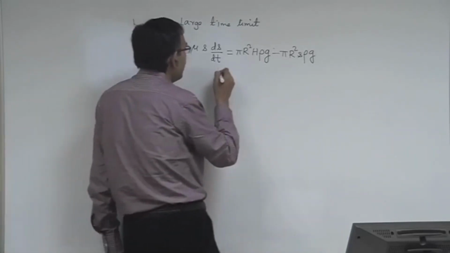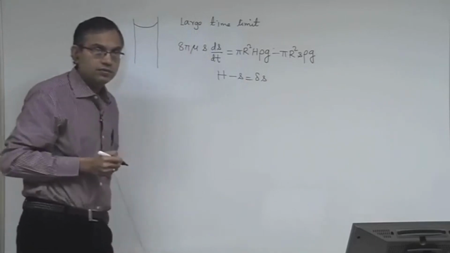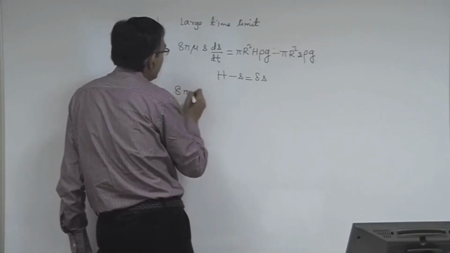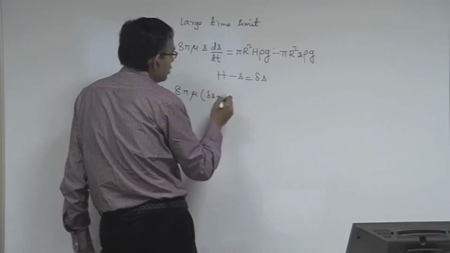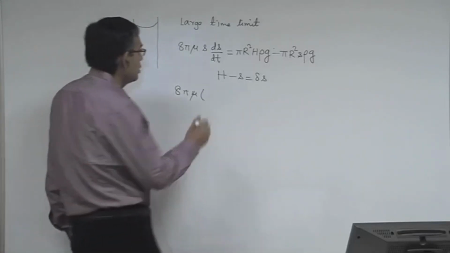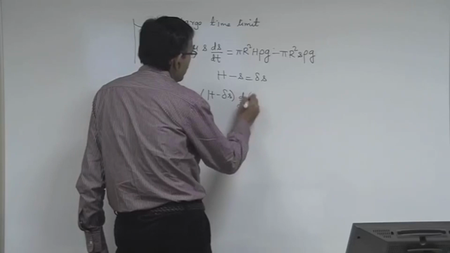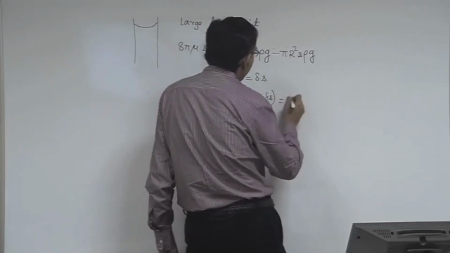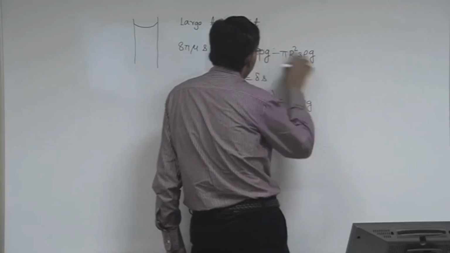So let us say that H minus S is equal to delta S. So 8 pi mu, in place of S we can write H minus delta S, times d dt of H minus delta S, is equal to pi r square rho g into H minus S, which is delta S.